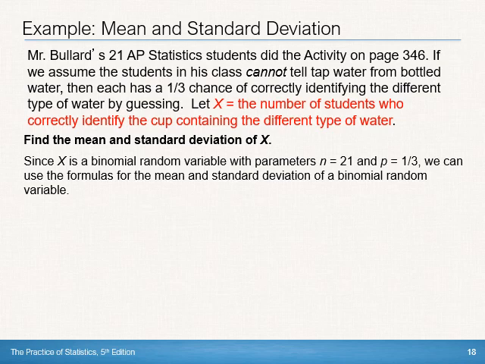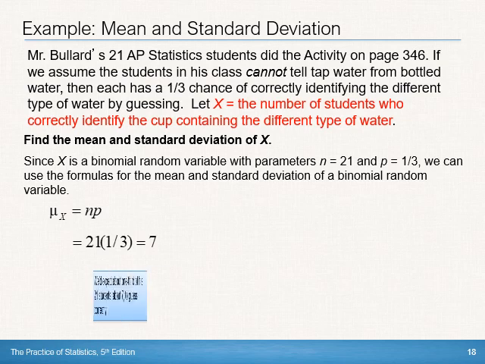So since X is a binomial random variable, we know the N is 21, we have 21 trials here, and we know the probability of success is 1/3. What are the formulas for mean and standard deviation, and find those. Okay, so the mean is just N times P. Kind of intuitively, if everyone has a 1/3 chance of guessing correctly, then we would expect the expected number of correct guesses would be 7.